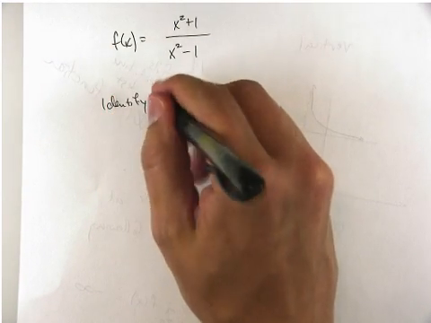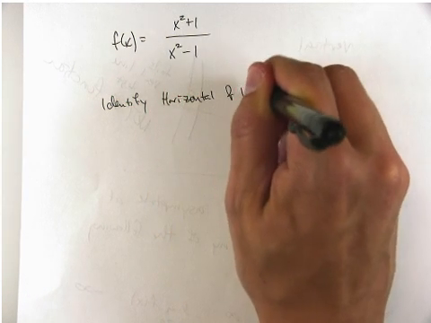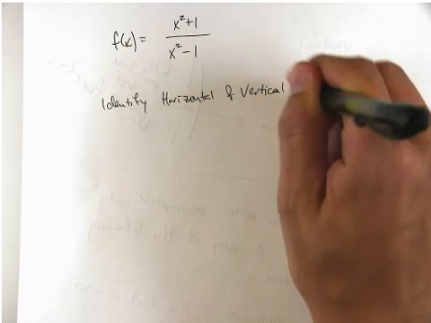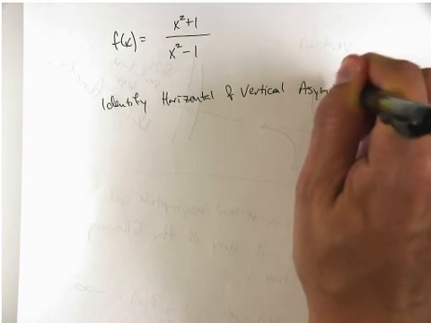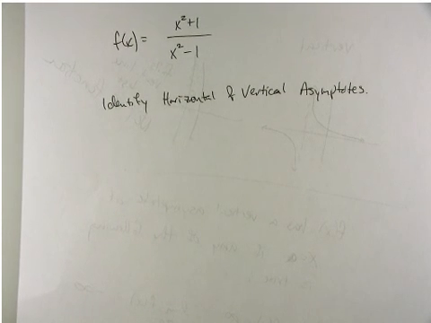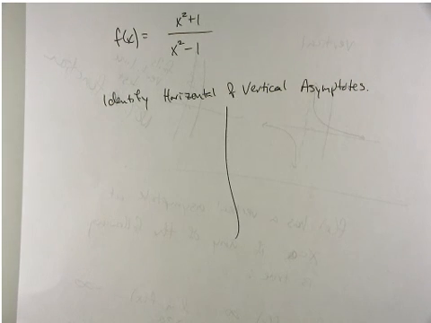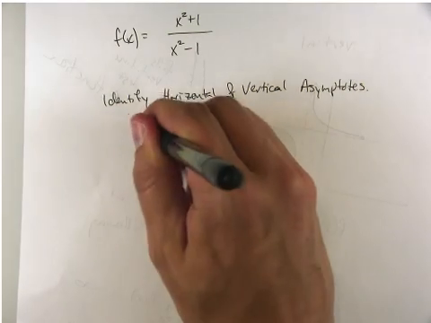Identify horizontal and vertical asymptotes. Which would you all like to do first? Horizontal is first alphabetically. Why don't we do that?